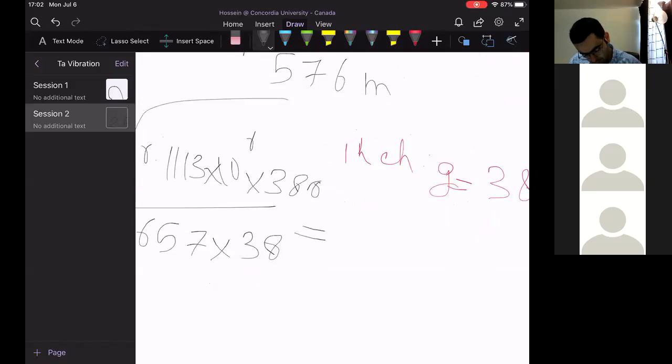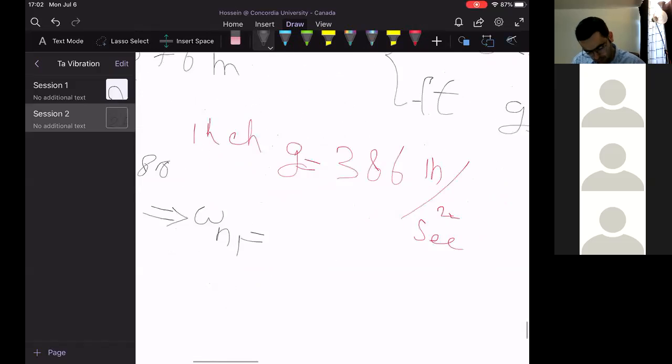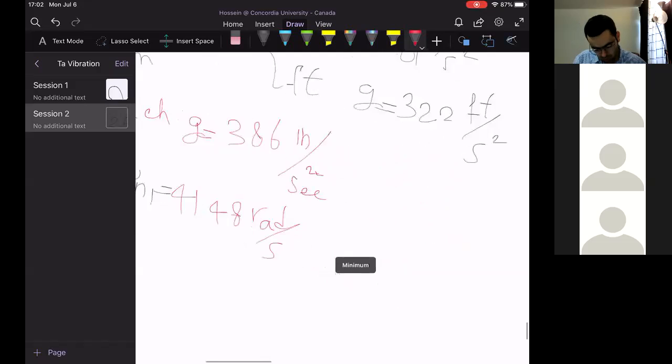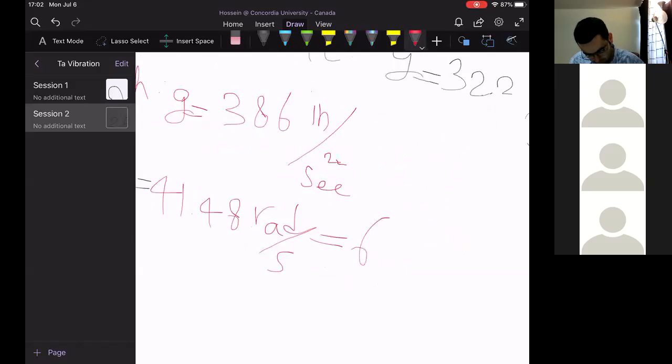The natural frequency for the first case would be equal to 41.48 radian per second, which is equal to 6.60 hertz or cycle per second.